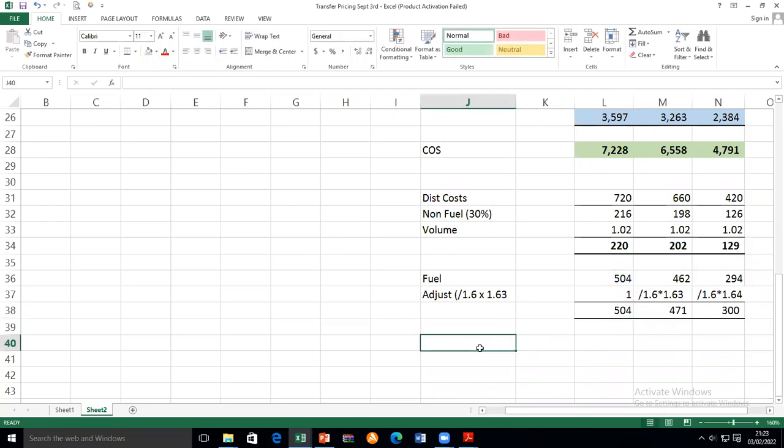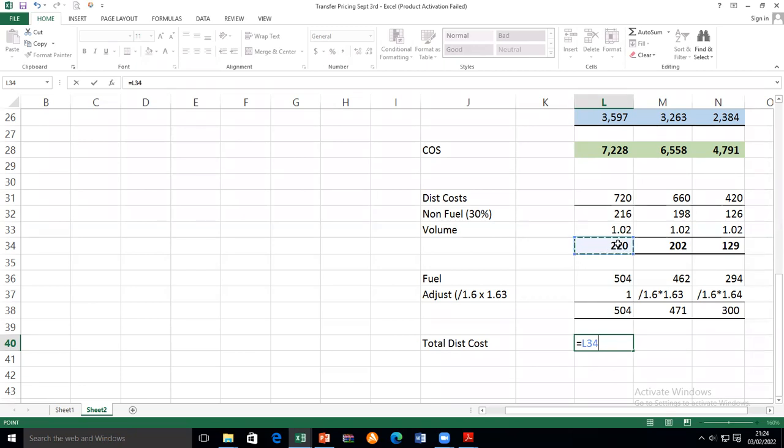So what's the total now? Total distribution cost. Now you can add. We add that one. Okay. So one item, one of you was supposed to, Mr. Piri, where is the volume discount here?